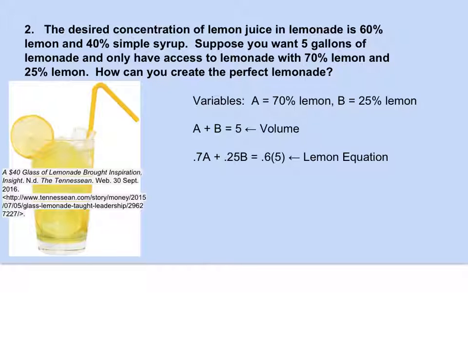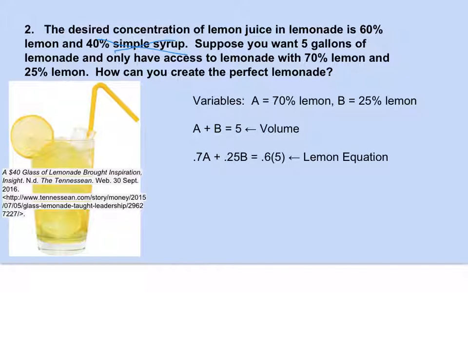If I want to have 60% lemon, I have to mix up this 70% and 25%. So I'm going to have to take some of each in order to make this perfect mixture. This 40% simple syrup is irrelevant because we're just talking about lemons.